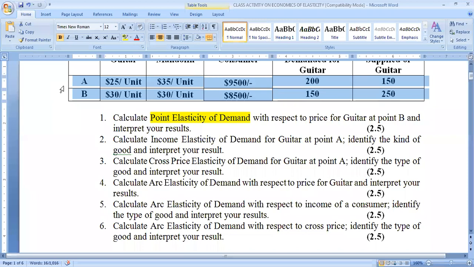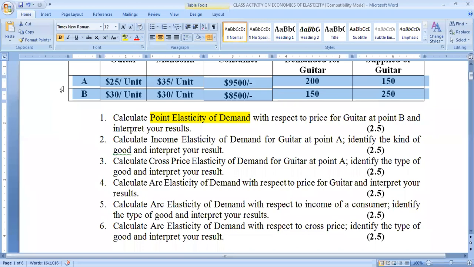So what I'm looking to tell you is the concept of arc elasticity of demand. We always use arc elasticity in that situation when we are interested to find out the value of elasticity between the 2 points, or between the 3 points, or between the 4 points, or more, right? So for more than 1 point, if you are looking to find out the value of elasticity, there comes the concept of arc elasticity.